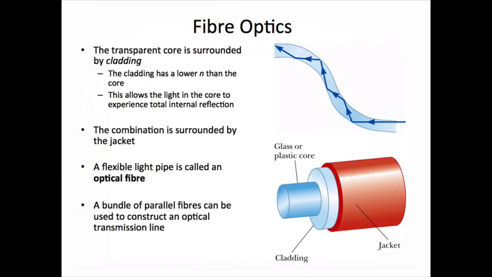Many students will remain convinced that the fibre is really a hollow tube made of glass that has air in the middle, and that the light bounces down the air in the middle of the tube. But in fact, the core has to be solid glass or the total internal reflection wouldn't work. The core and cladding of a fibre are then surrounded by a plastic jacket that protects it and keeps it from being bent too much, which could snap the fibre.